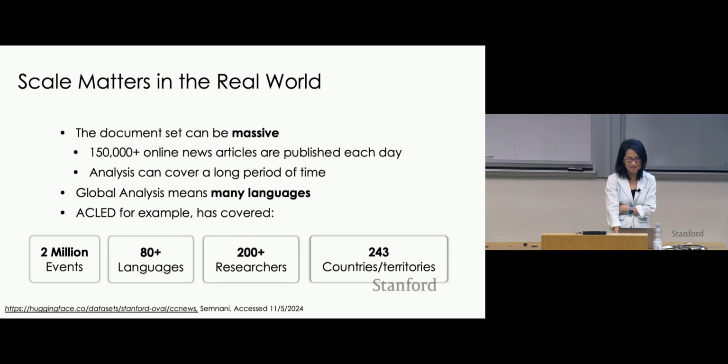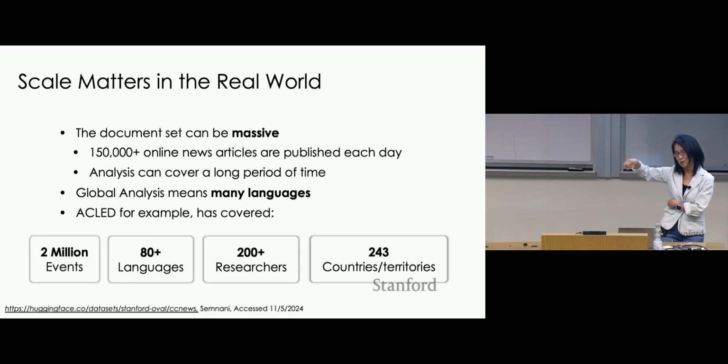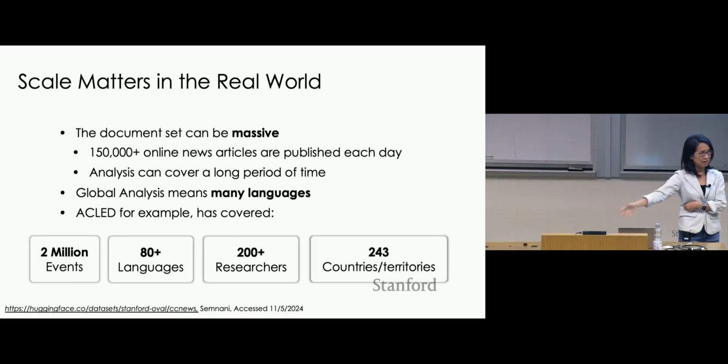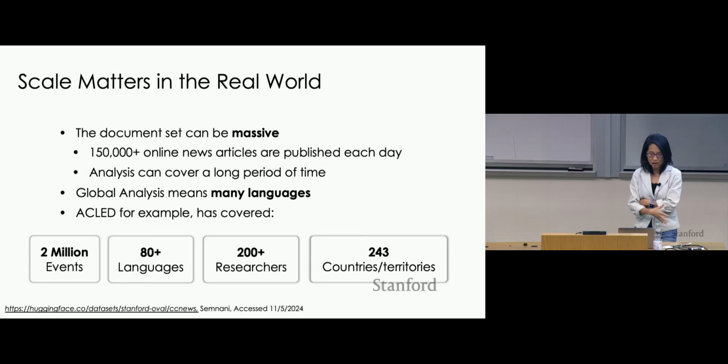One of the things is the scale. All right, you saw how detailed it is for a tiny little example of politically motivated protests, and that's that many events already in America. So now there are 150,000 online news articles being published each day.